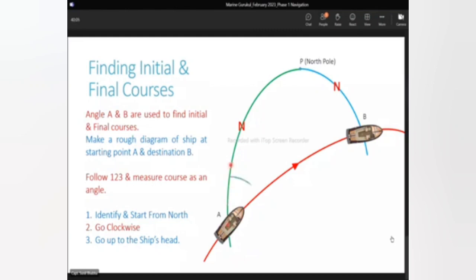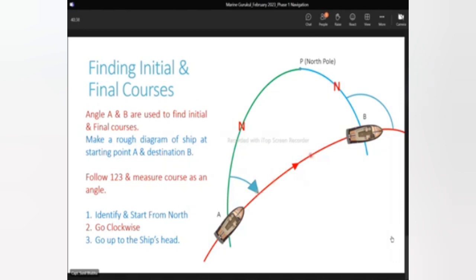Starting from north, I move in the clockwise direction represented by this light blue color arrow, and I go up to the ship's head. Now this angle basically gives me my initial course.